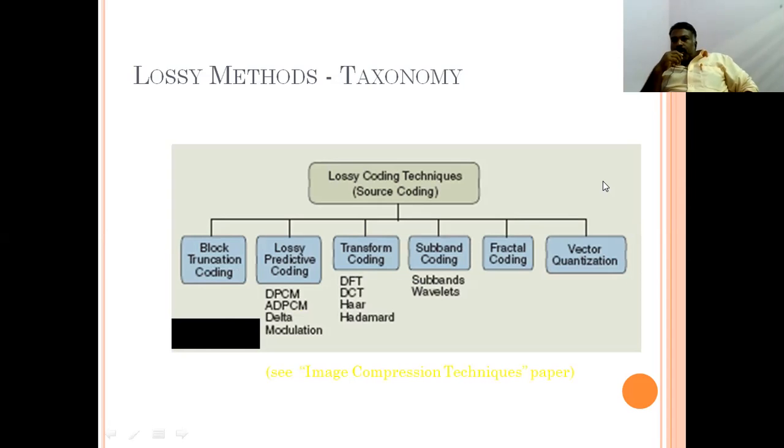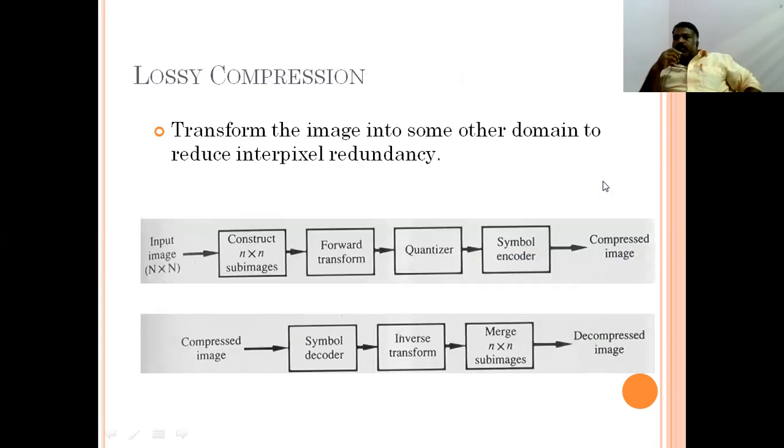All of these come under the heading of lossy methods. That means the data loss is huge, above the standard error.